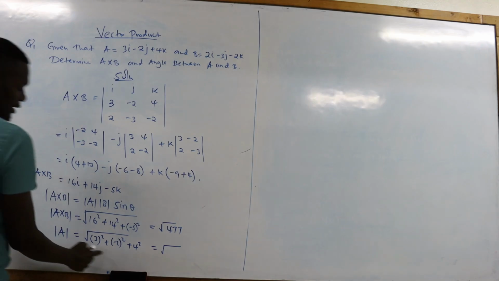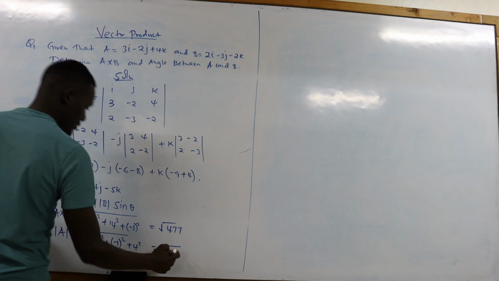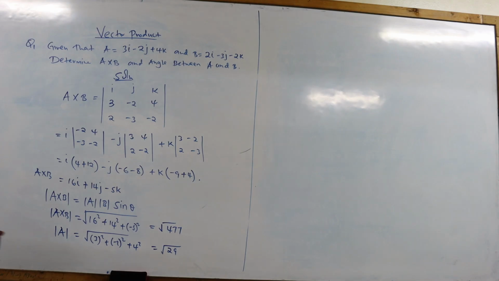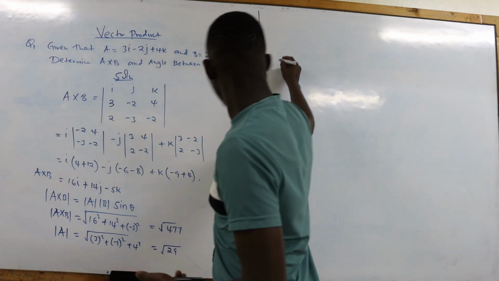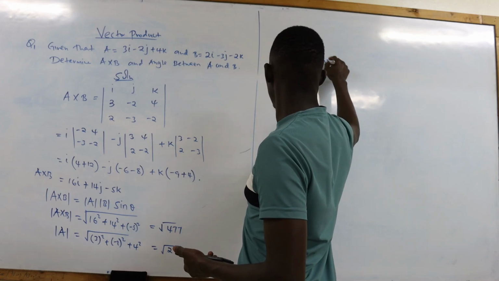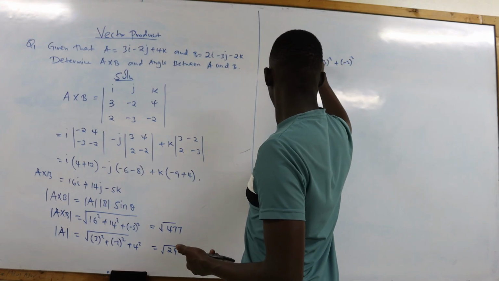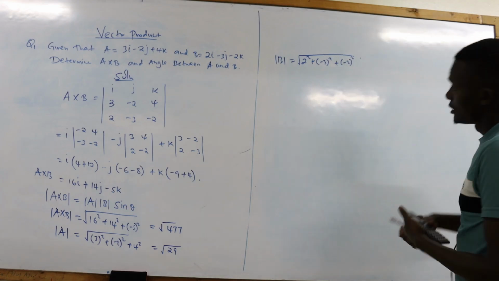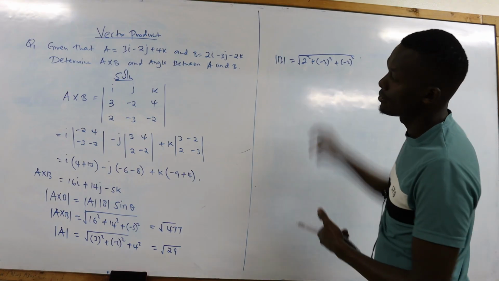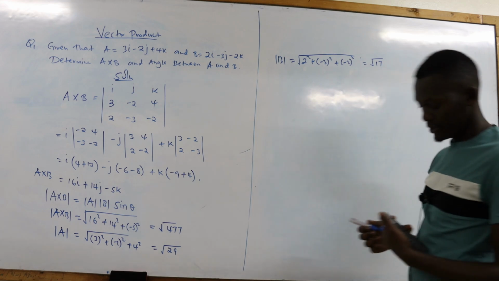For A, 9 plus 4 gives me 13, 13 plus 16 gives me the root of 29. Then B shall have 2 squared plus negative 3 squared plus negative 2 squared. So we have 4 plus 4, which gives me 8, 8 plus 9 gives me 17. So this one is the root of 17.